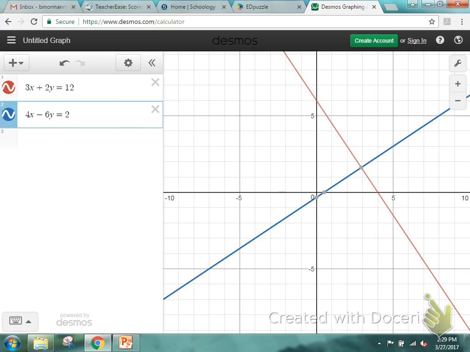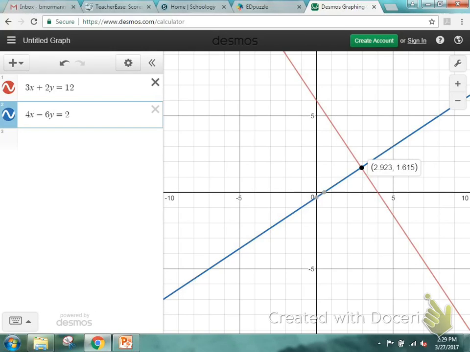Remember what that's called? 3 words, starts with an S. System of equations. Okay. And when we had a system of equations, the answer was a point where they intersect. The solution to these two is right there. See that? Where the two cross. It's an ugly intersection, but an intersection nonetheless.